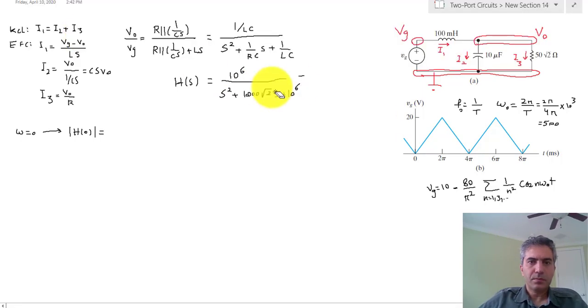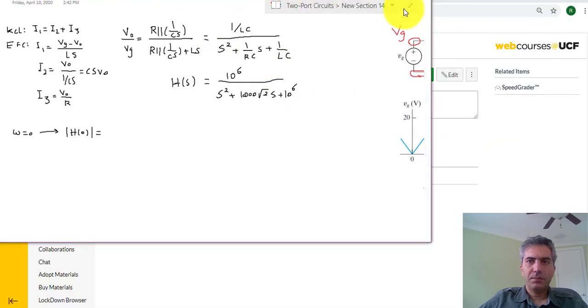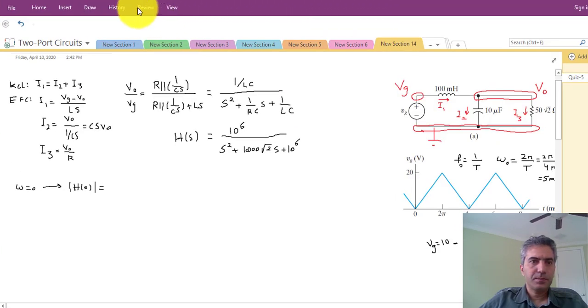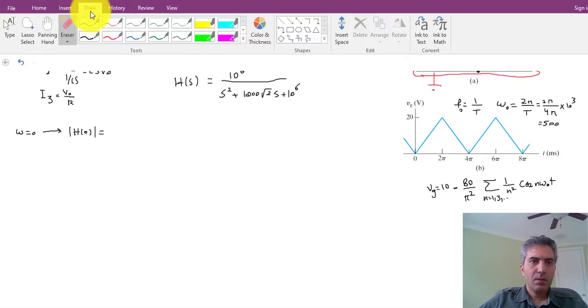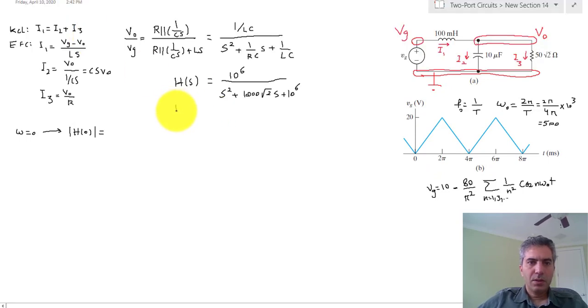So what we have here, H(j omega) would be 10 to the power of 6 divided by 10 to the power of 6 minus omega to the power of 2 plus 1000 square root of 2 omega j.